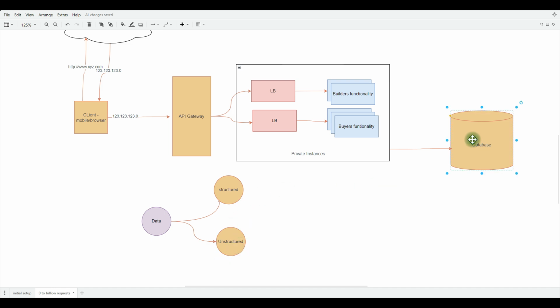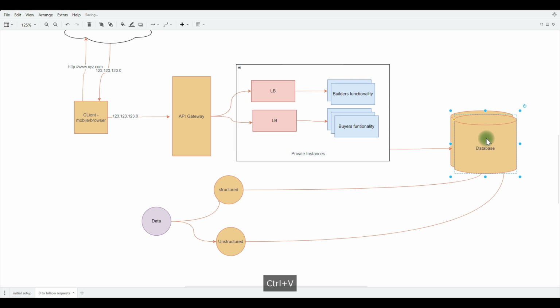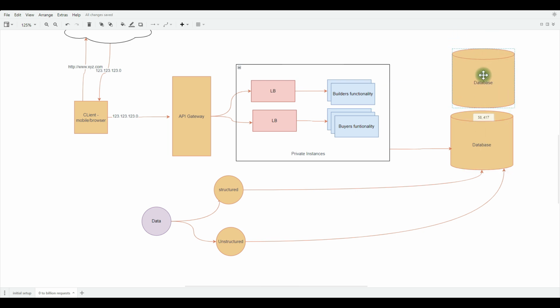RDBMS is best suited for structured data. We can store unstructured data also, not an issue, but it's not as efficient as we need. So for that efficiency, a new kind of database has come into picture, which we call NoSQL database.